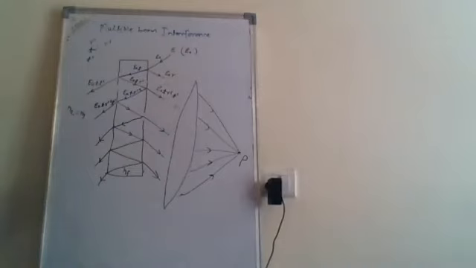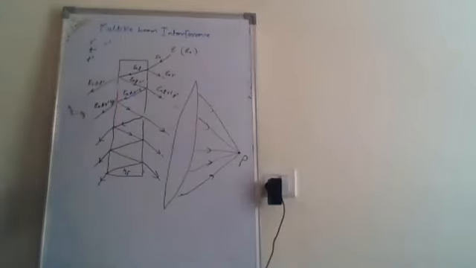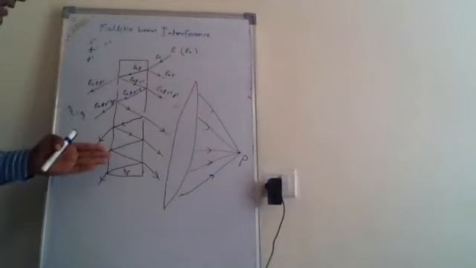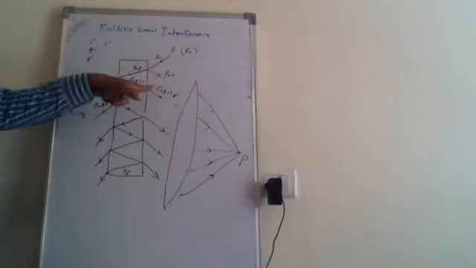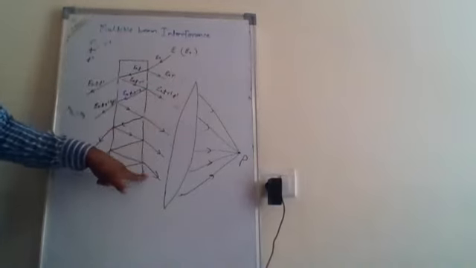Yes, of course. Light intensity will be decreased as there will be multiple reflection and transmission. So as we can see here, let's say this is the first reflected light, this is the second, this is the third, fourth, and this is the fifth.